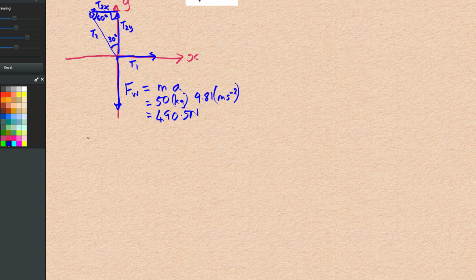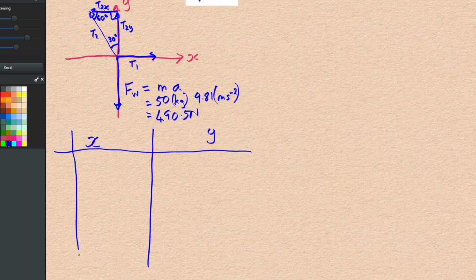So this is how I usually set up a table. I've got an x side, try and leave enough room, and a y side, and I often include a heading column over here. Let's straighten that line up a bit. I've got a column over here which is where I'll just write my magnitudes.